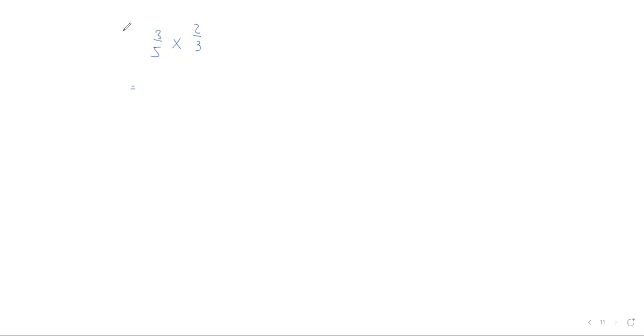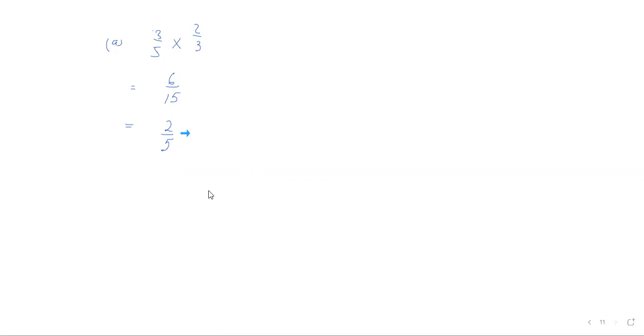This will be 3 times 2, 6, over 5 times 3, 15. Now, what is common here is that 3 into 6 goes 2 times, and 3 into 15 goes 5 times. So that becomes your answer there.